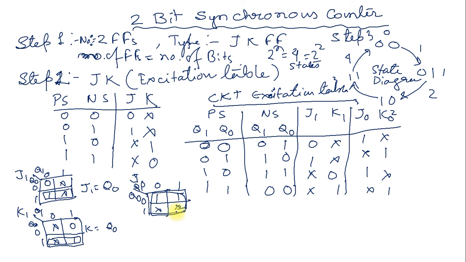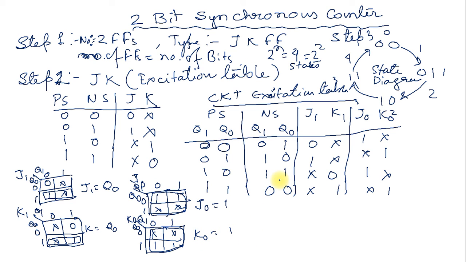If all of the variables form one single group, then we can write J0 equals 1. Now we can write for K0: 0 1 0 1, Q1 Q0, and the entries are don't care, 1, don't care, 1. So it's also the same group of 4. So K0 equals 1.